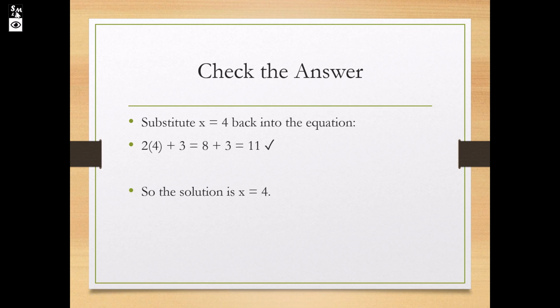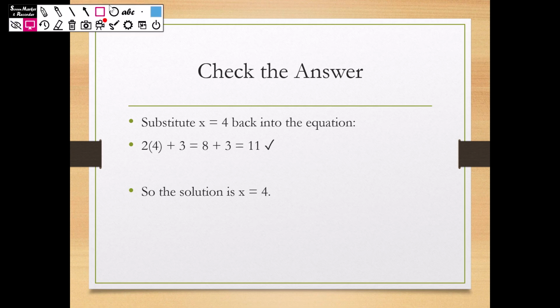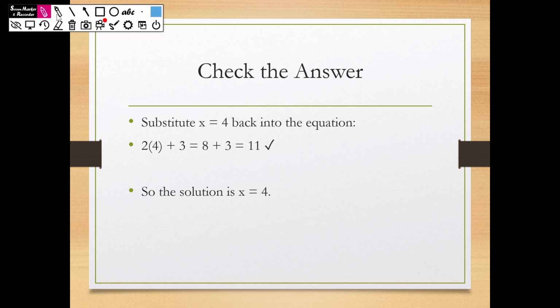As you can remember, we have reached at the end that the solution of the main equation, 2x plus 3 equal to 11, is x equal to 4, right?